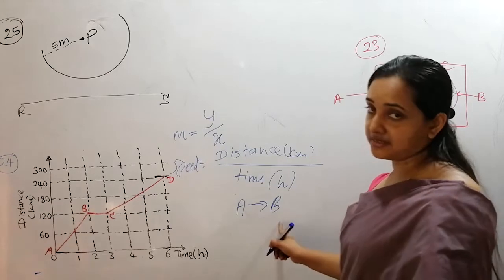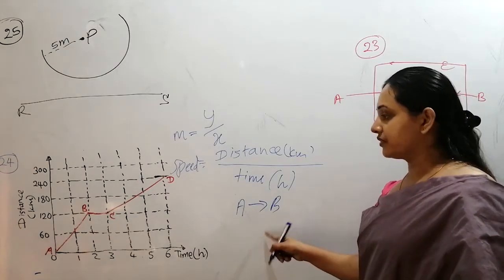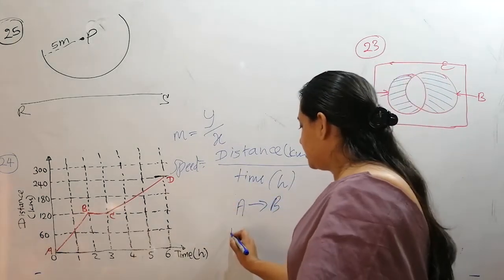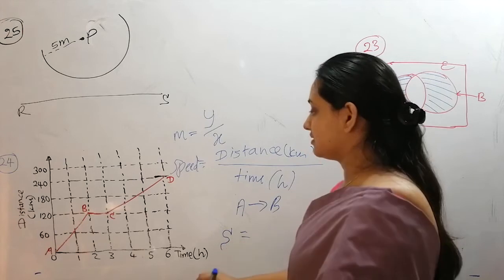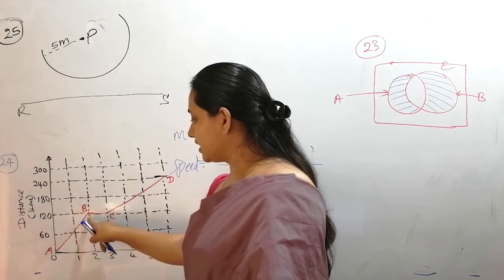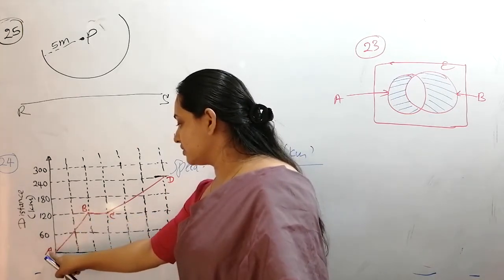That means the motor car travels at the highest speed from A to B. And then what is this value? We can calculate using this equation. The speed is equal to the distance from A to B. B coordinate is 120, A coordinate is 0, 0.